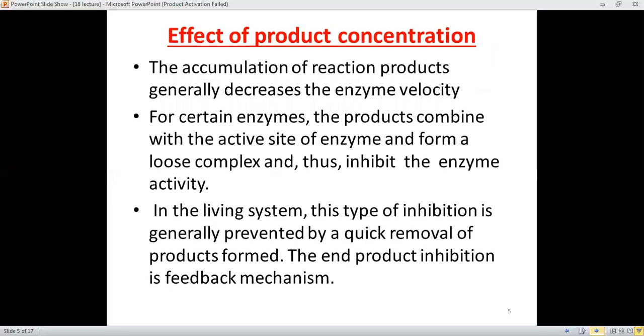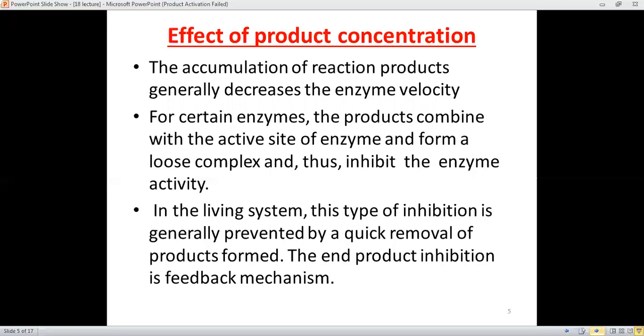Next is the effect of product concentration. It means the product which is liberated after the conversion of substrate into the ES complex, and from the ES complex the dissociation or liberation of the product. When the product accumulates in the vicinity of the enzyme substrate complex, what will be its effect on the enzyme catalyzed reaction?